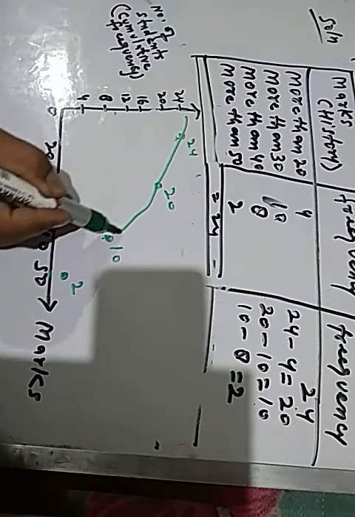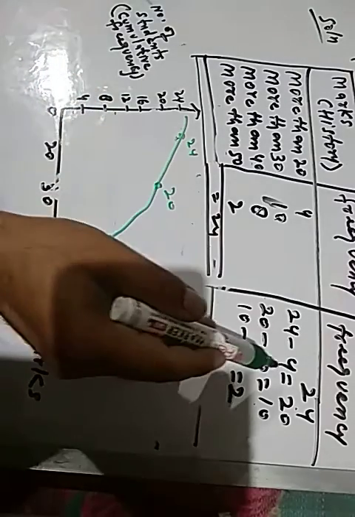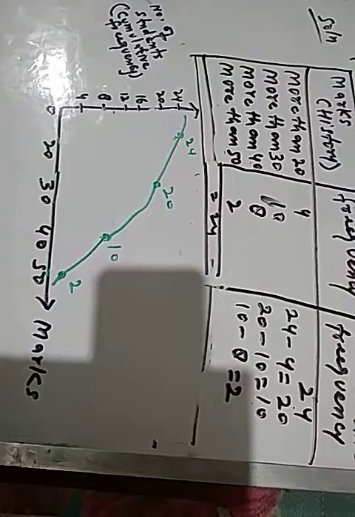Now by joining these points, we will get a cumulative frequency curve, because this curve is based on cumulative frequency. That is why it is known as cumulative frequency curve, which is downward sloping in case of more than method, because here we are subtracting the simple frequency from each cumulative frequency.